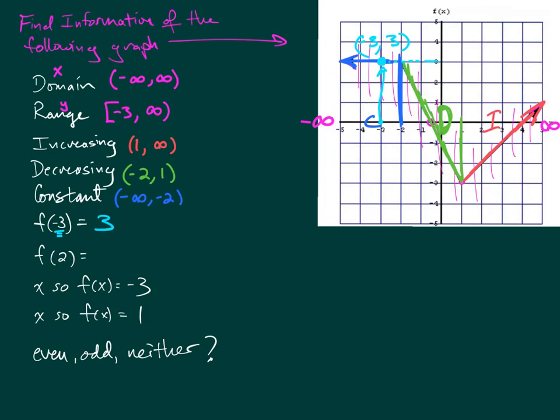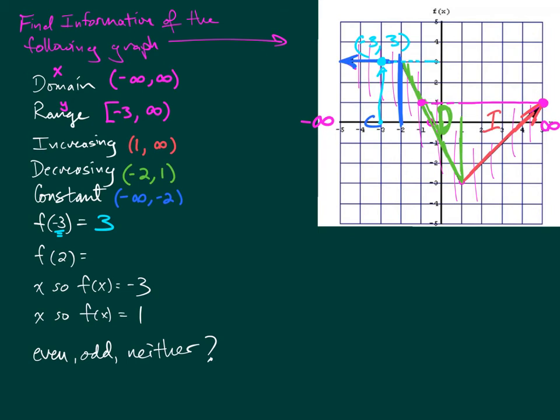Similarly, if you are trying to find an x value, so down here, this one says find x, f of x equals 1. Well, this is a y value. We're looking for an x value that's paired up with a y value of 1. So if I come over here, I see this point has a y value of 1, and way over here, this point also has a y value of 1.